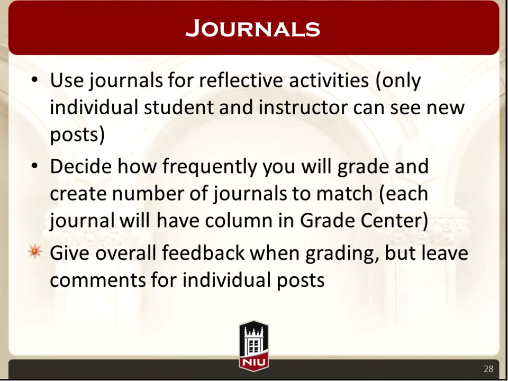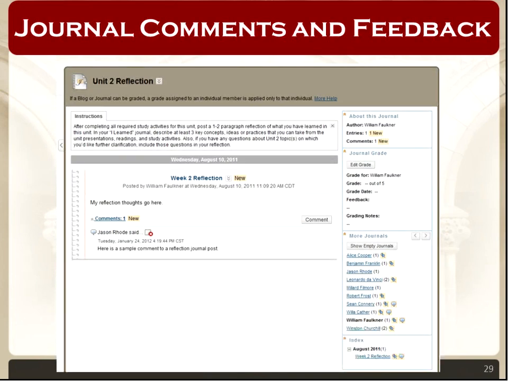You do have the option to give feedback when grading, as well as comments for the individual posts. And so I believe I've got a screenshot of this I can show you. So here you can see on this journal, and I know it's small, it's hard to read, but at the bottom here, under comments, I've posted a comment back to this post from a student.